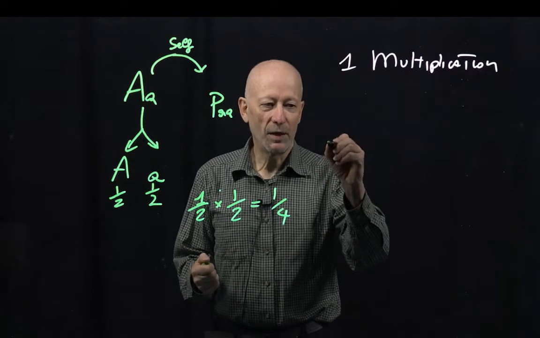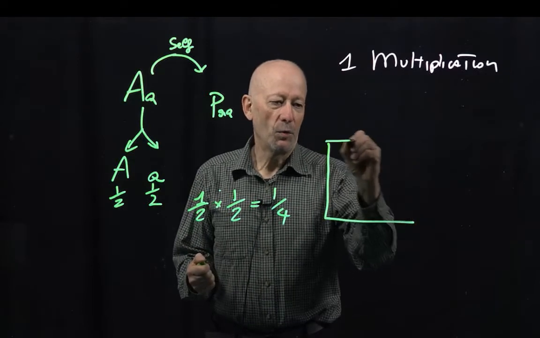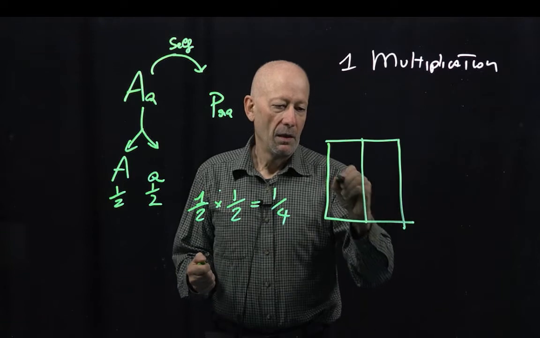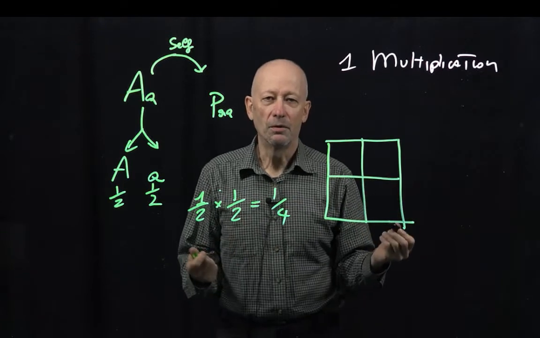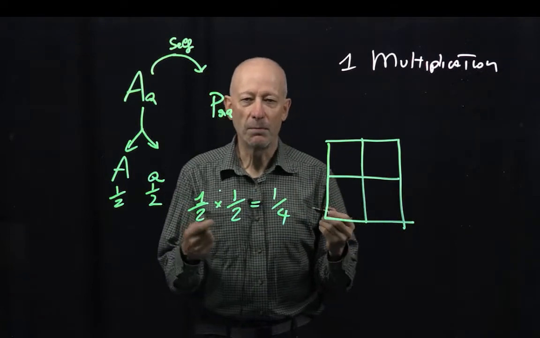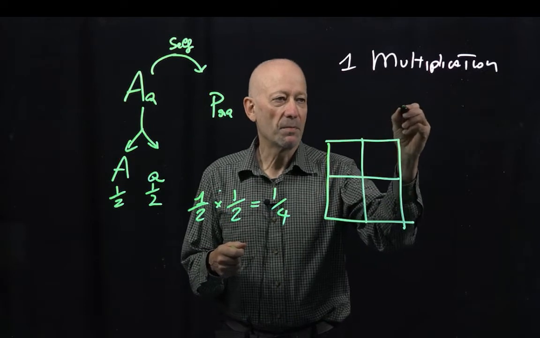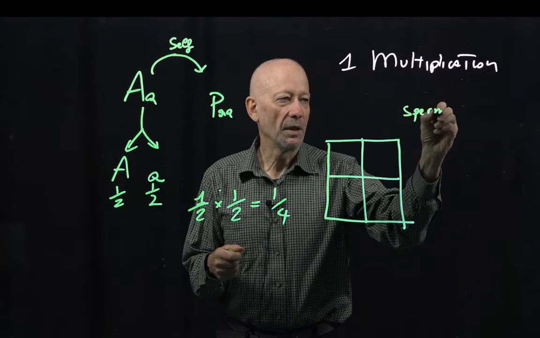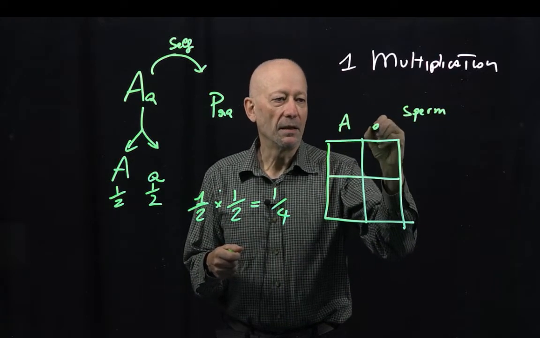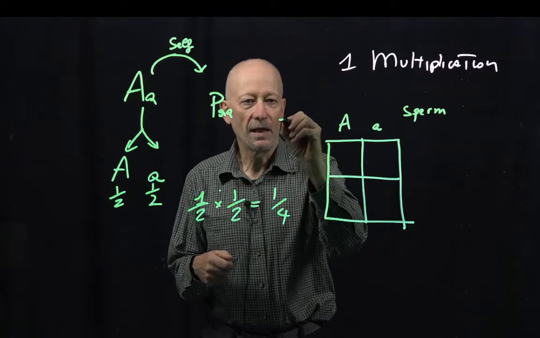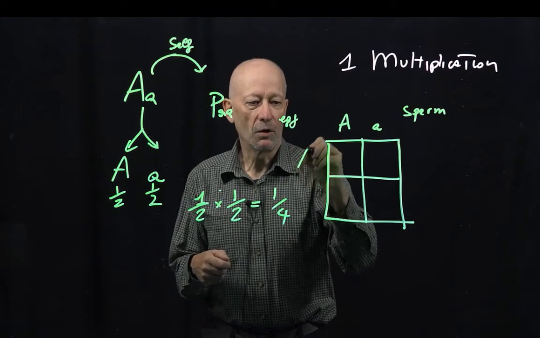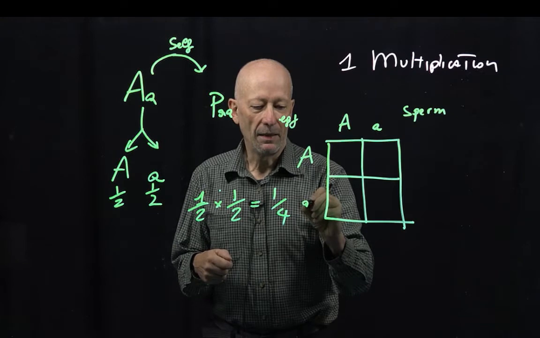And in fact, you know that one way of getting this is to use a Punnett square. So what is a Punnett square? We draw a square, and we put all the possible contributions by the parents. So on the sperm side, we put it up here. We could have a big A and a little a. On the egg side, shown here, we could also have a big A and a little a.